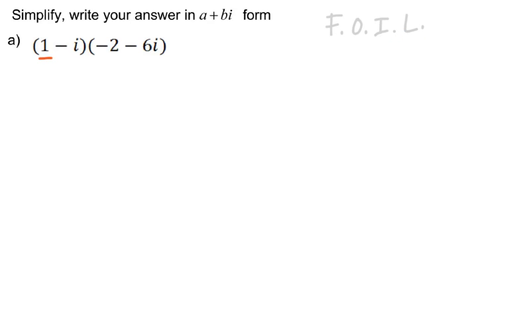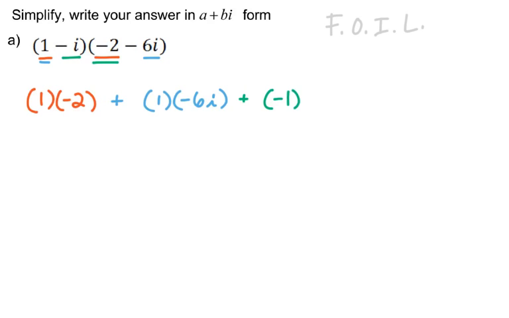So my two first terms, that will be 1 times -2. Those each come first in each binomial. My outer terms, that's going to be 1 times -6i. My inner terms, that is -i times -2.